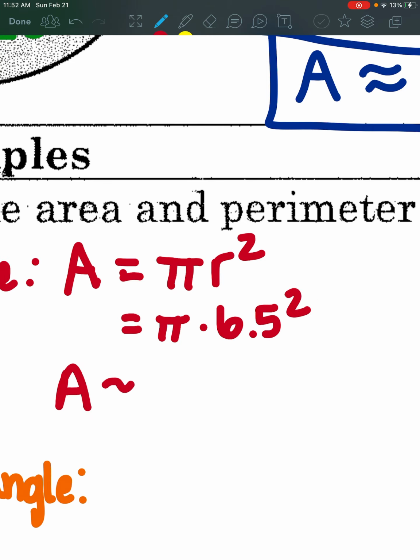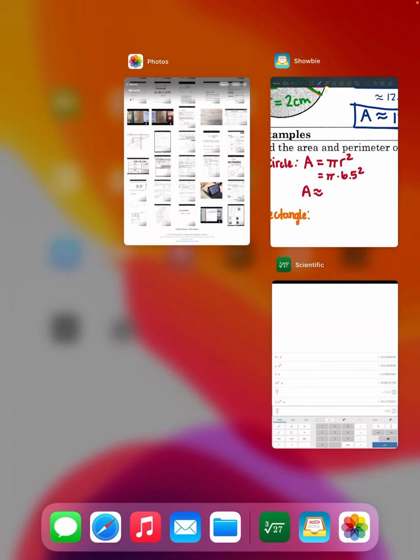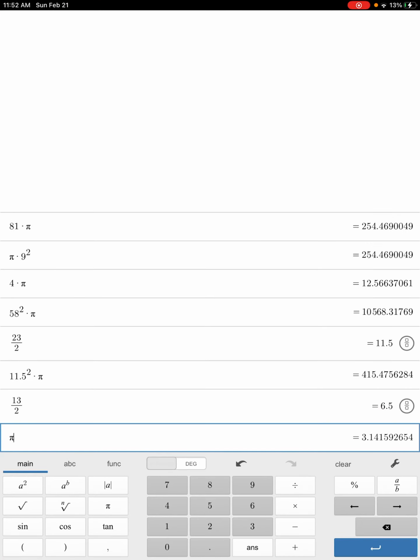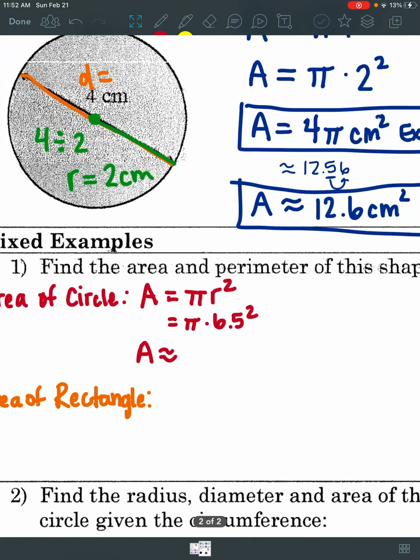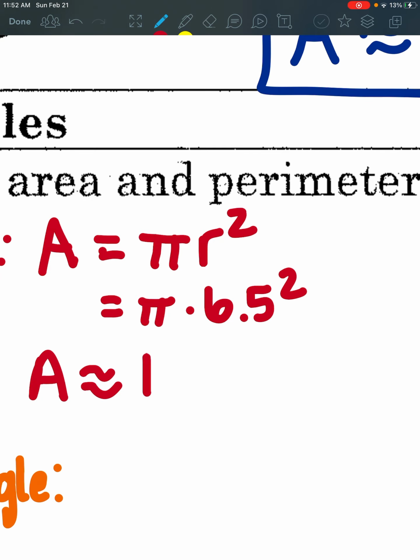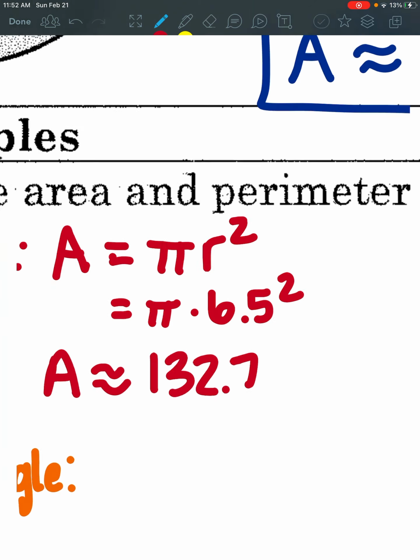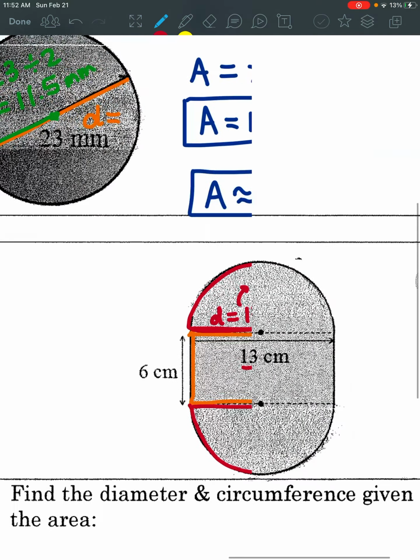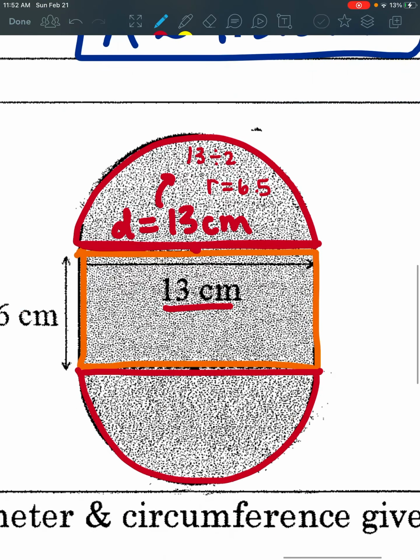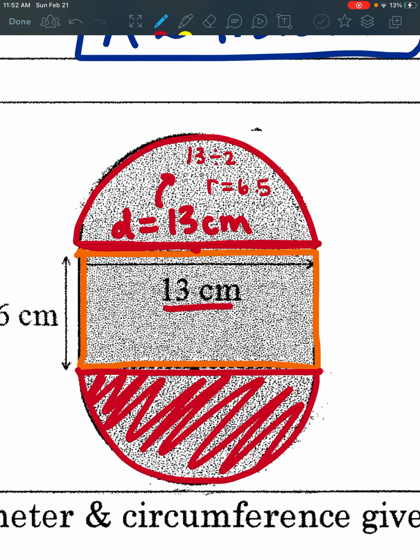Now I'm going to do it all at once because we're going to round in the end. So in my calculator, I can do pi times 6.5 squared all at once. We get 132.7. All right, that is the area we just found of this side and this side over here.